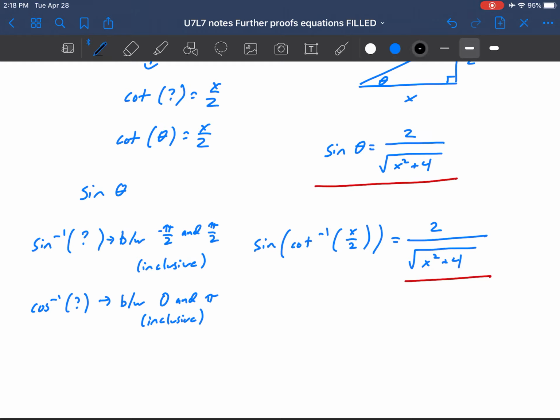You can convert these to degrees if you want. So this would be negative 90 degrees, this is 90 degrees, this is 0 degrees, this is 180 degrees. It depends on what mode you're in. And the last one, tan inverse of something is always going to give an answer between negative pi over 2 and pi over 2, but it's exclusive.